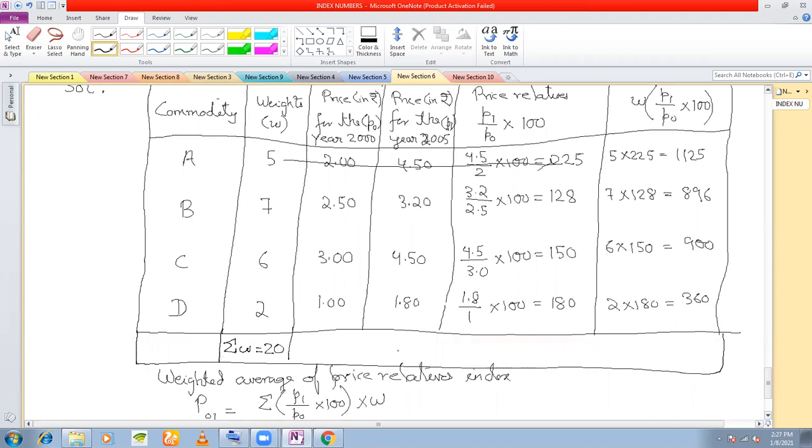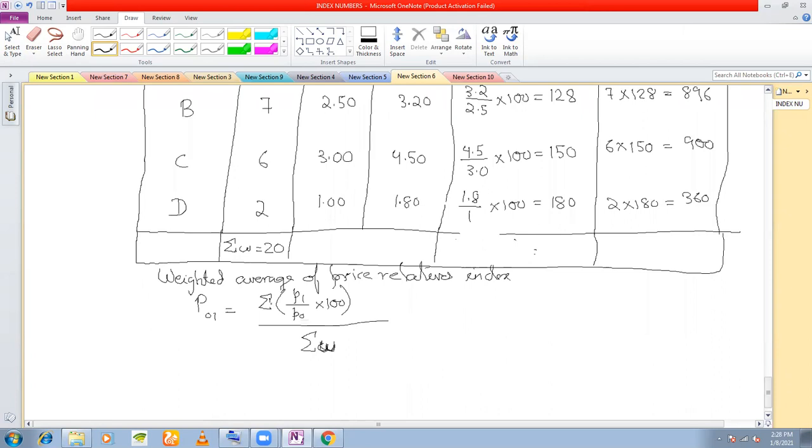Next, you also require summation of the price relatives. So P1 by P0 into 100 you have calculated. You sum this column also. Sorry, we don't require this. The formula here is summation W into P1 by P0 into 100. We require the sum of this.